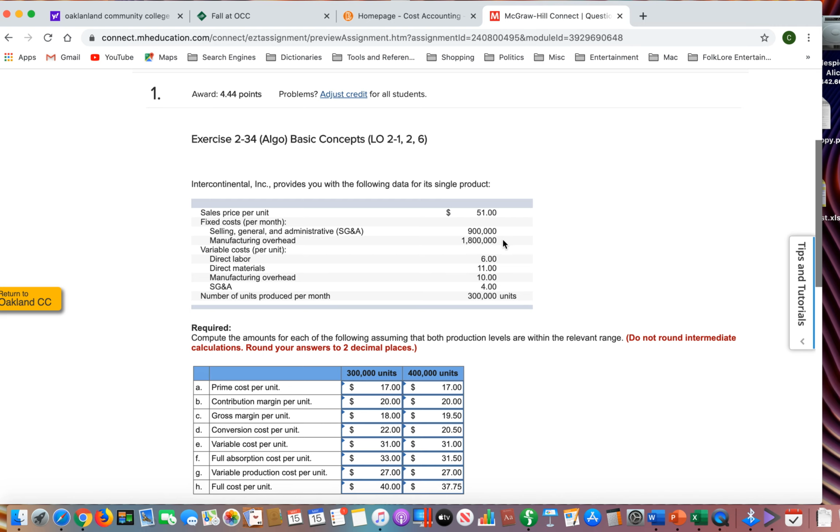Look at it this way. Show you this. This is for 300,000 units, okay? So your variable cost per unit is going to remain the same.